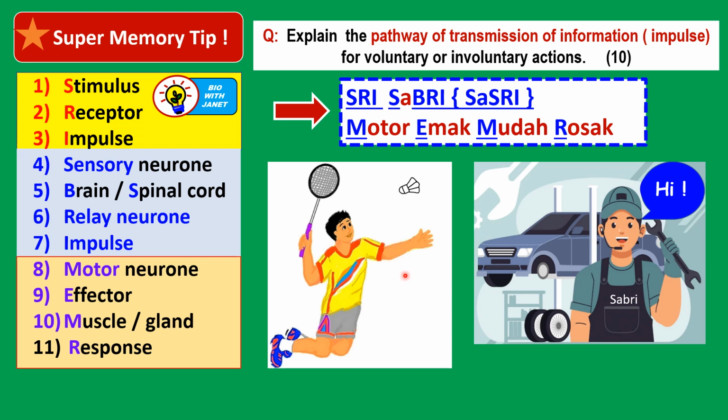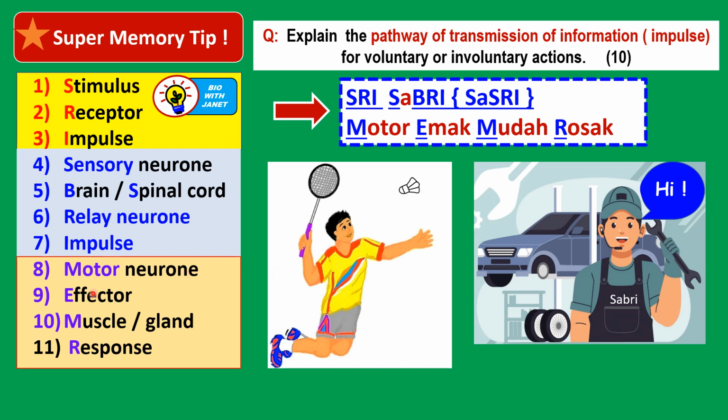So his biceps muscle will have to contract, right? And his triceps muscle also has to contract later on. So contraction of muscle causes the response. Maybe the hand will use the racket to hit the shuttlecock, right?